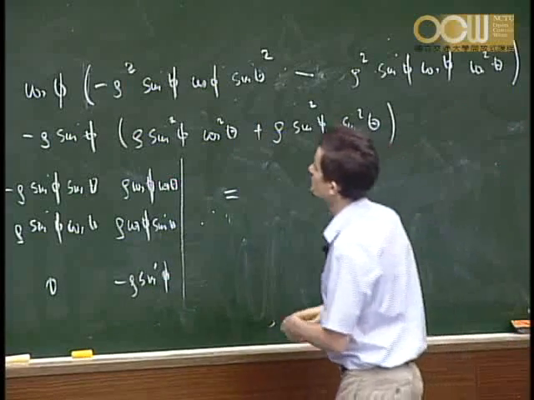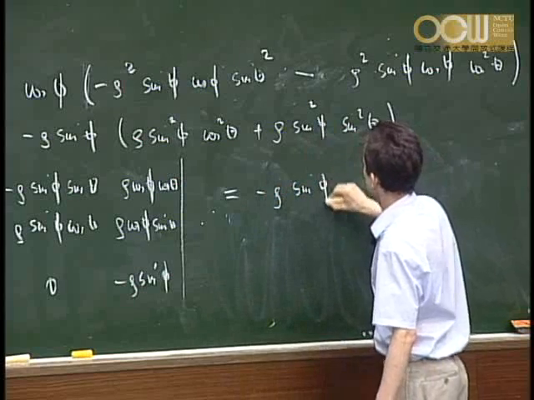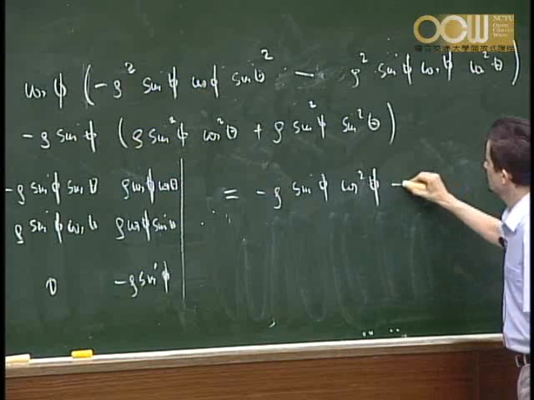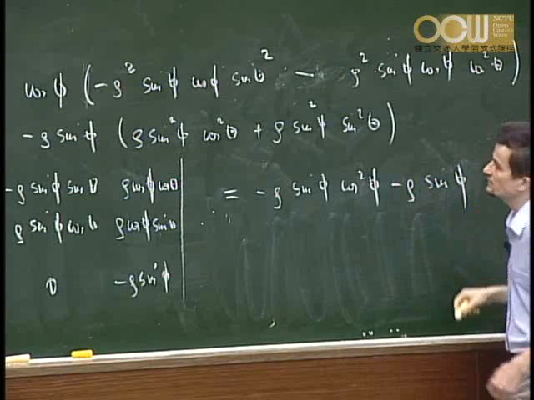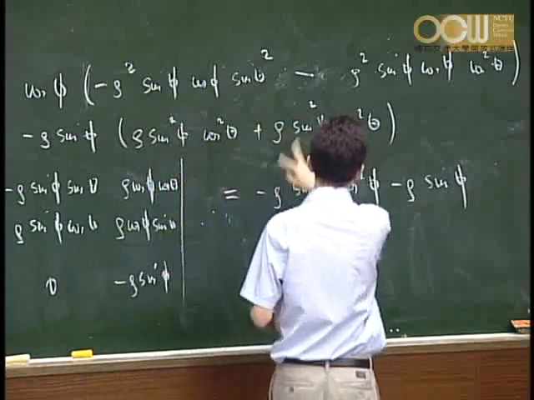So we have here minus rho times sine of psi cosine square of psi minus rho times sine of psi. And you see, here we can also take out rho times sine square of psi, and the rest is equal to 1.